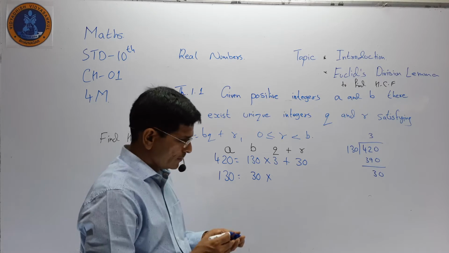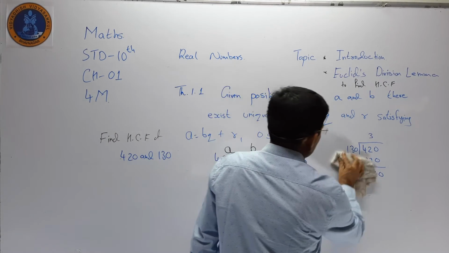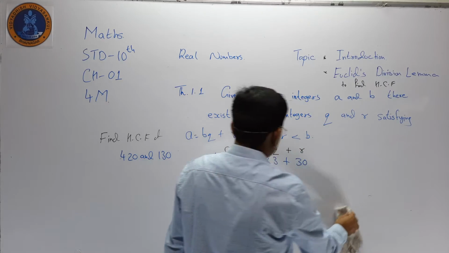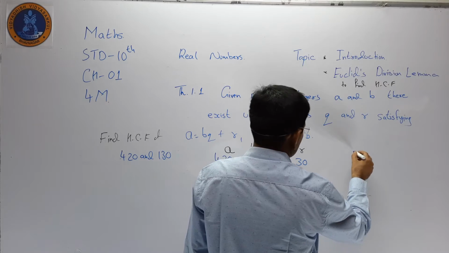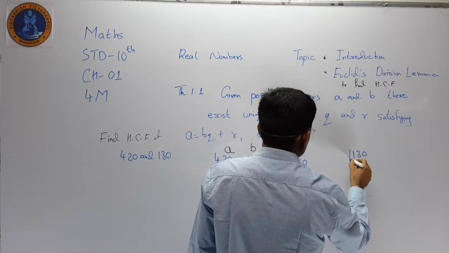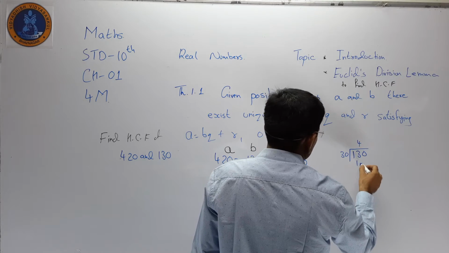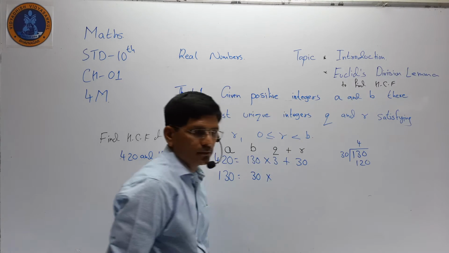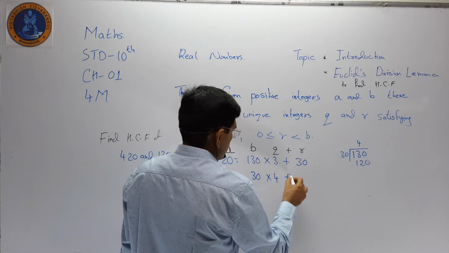Now again, what I have to do? I have to first do it again divisible. So 130 divided by 30. 30 fours are 120. So that is 4. 120.